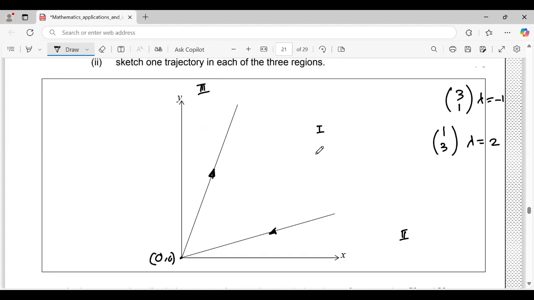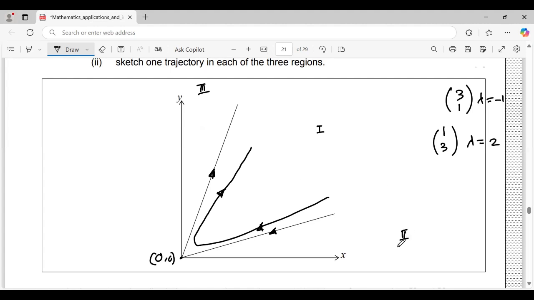In the first region, the trajectory moves toward the origin along the stable eigenvector, like this, and away from the origin along the unstable eigenvector, like this. The arrows show the direction.